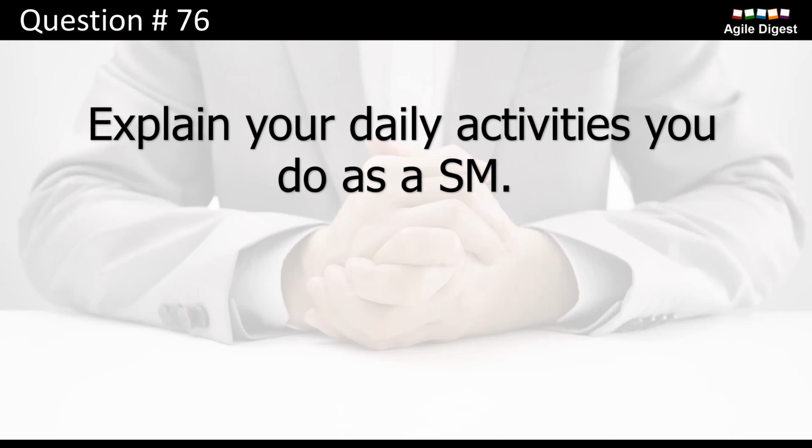Apart from that, I also get into a call with the product owner if there is any user story because of which the sprint might not be able to complete, or any risk or impediments highlighted that could impact the entire sprint goal.